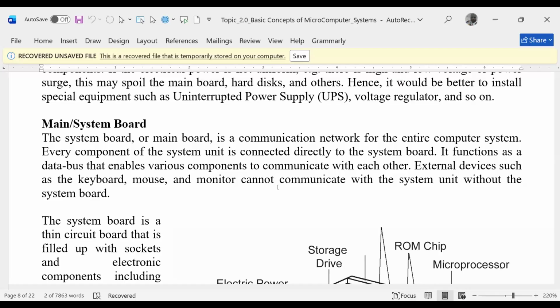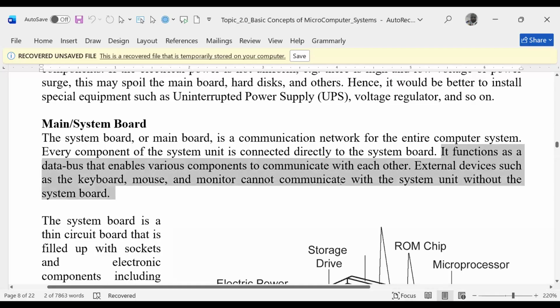At the back of the motherboard is where we have the bus. Signal movement and control all pass through the bus. It functions as a data bus that enables various components to talk to each other. External devices are also connected to the motherboard so that they can work.